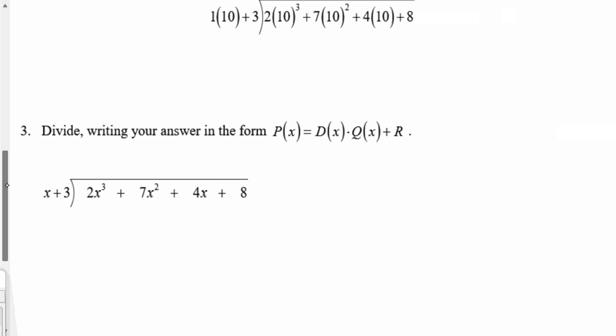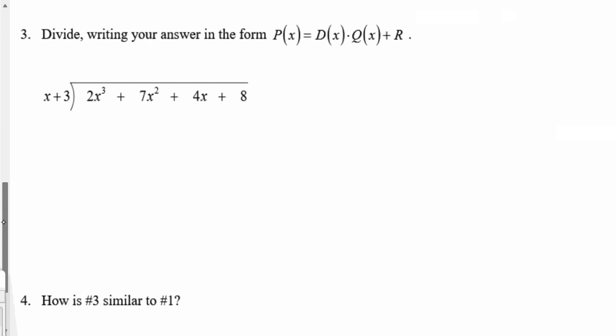So what we'll do as we do this division is, instead of saying, oh, the x plus 3, how many times is that going to 2x cubed? And we say, well, it doesn't, because it's a binomial into a monomial. And then we'd extend it to those two. We don't do that. Instead, all we do is we look at just the first terms. So I'm just going to look at this x and the 2x cubed.